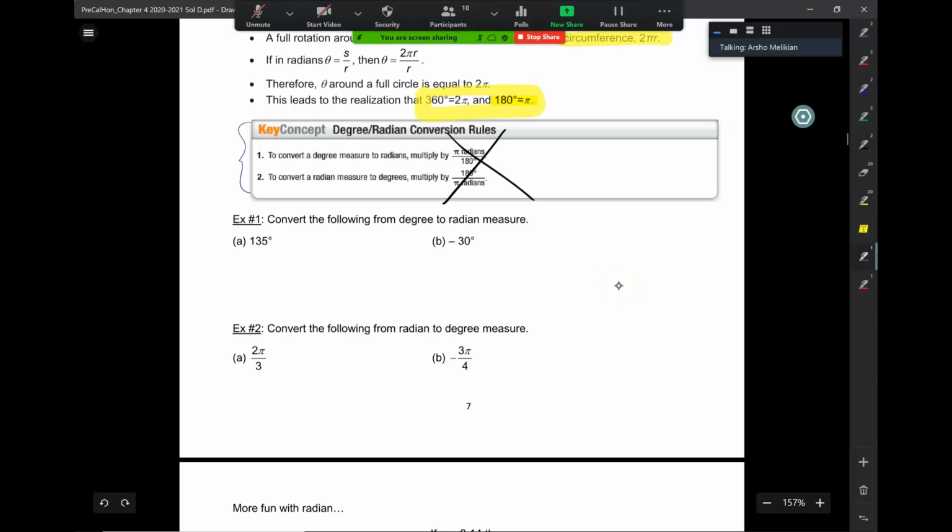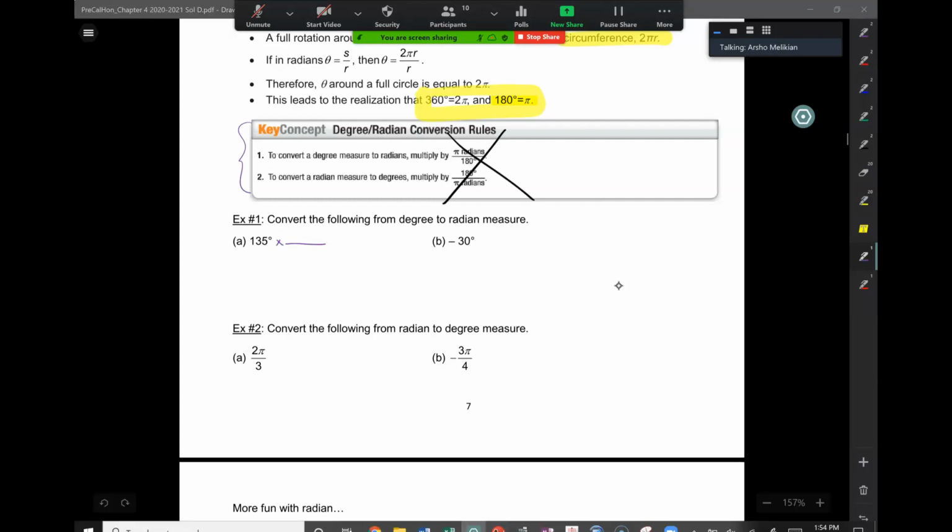So now I have to convert 135 from degrees to radians. Here's what I do. Anytime I need to convert anything, whether it's in math or chemistry or physics, I do times a fraction bar. And what's the conversion between degrees and radians? 180 degrees is pi.